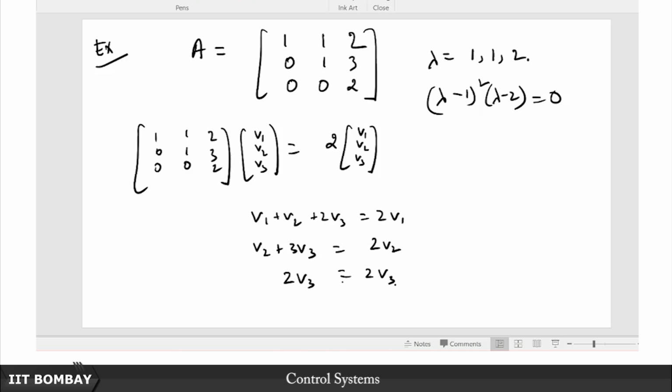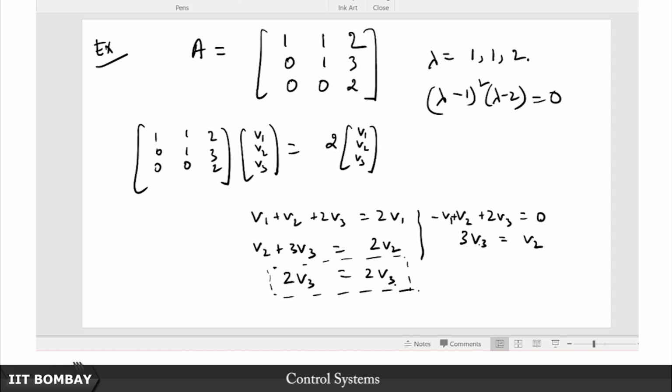So the last one really does not tell much of a story, it is identically true, right. So let us get rid of the last one, it does not really say anything. What about the first two? From the first two I get minus V1 plus V2 plus 2V3 is equal to 0, and from the second I get 3V3 is equal to V2.